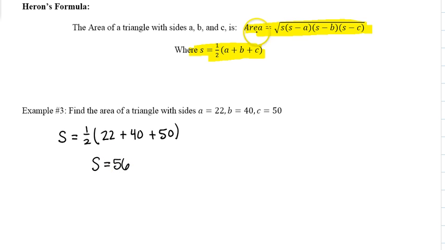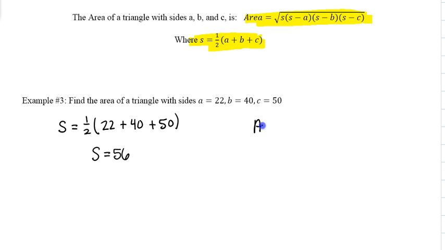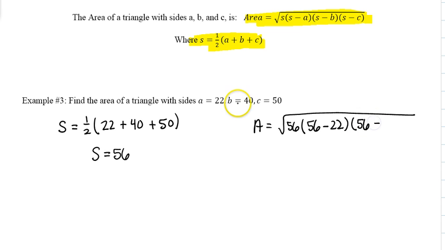So I'm going to use that for my area. So area is the square root of 56 times, so 56 minus a is 22, and then 56 minus b, which is 40, and 56 minus c, which is 50.